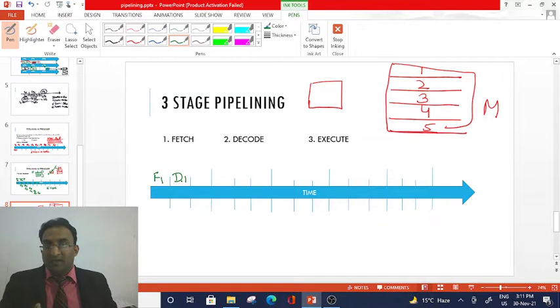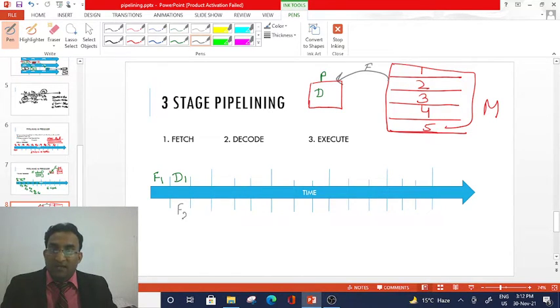When decoding is going on inside the processor, the fetching operation is done from the memory. So these two processes, fetching and decoding, are independent. While the decoding of the first instruction is going on, the fetch operation of the second instruction begins.